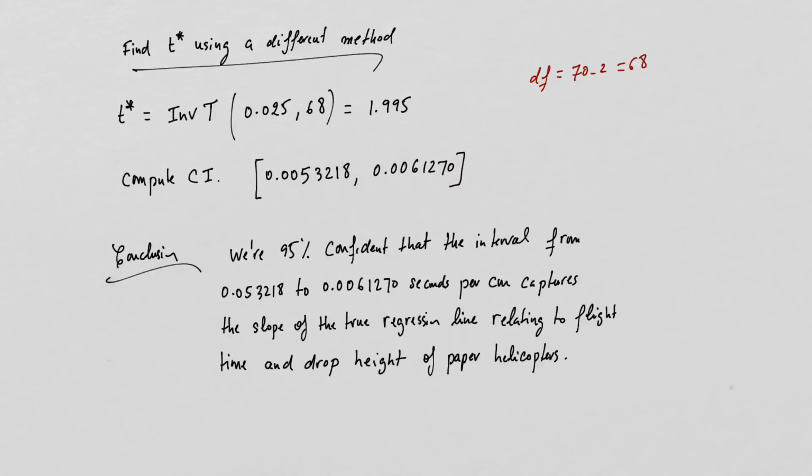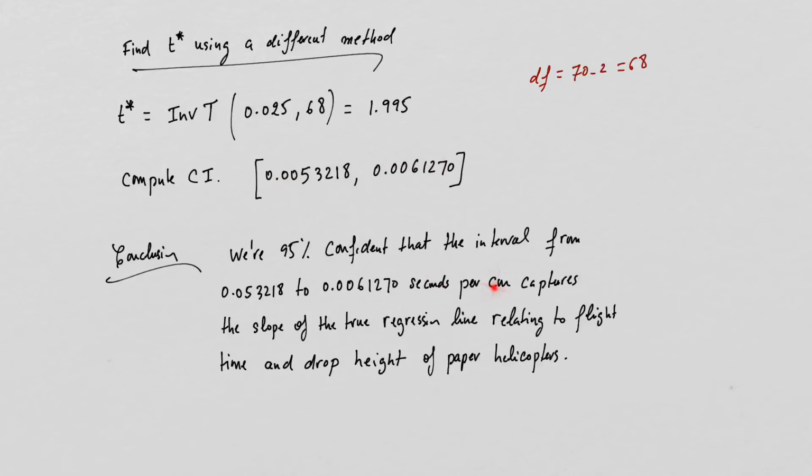And, of course, step 4 is to draw a conclusion in the context of the problem. So we could say we are 95% confident that the interval from this to that in seconds per centimeters, this is a slope, okay? That's why the numbers are very tiny.